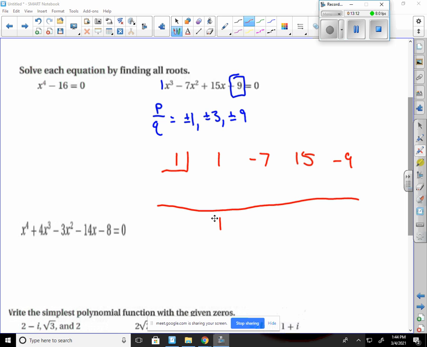One times 1 is 1. Negative 7 plus 1 is negative 6. 1 times negative 6 is negative 6. 15 minus 6 is 9. 1 times 9 is 9. Negative 9 plus 9 is 0.